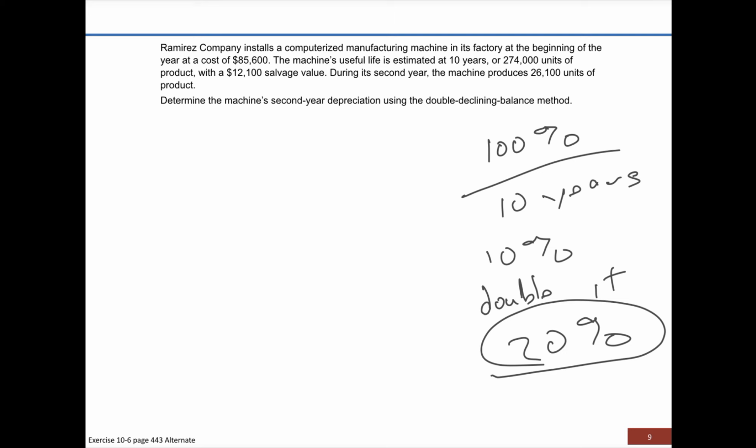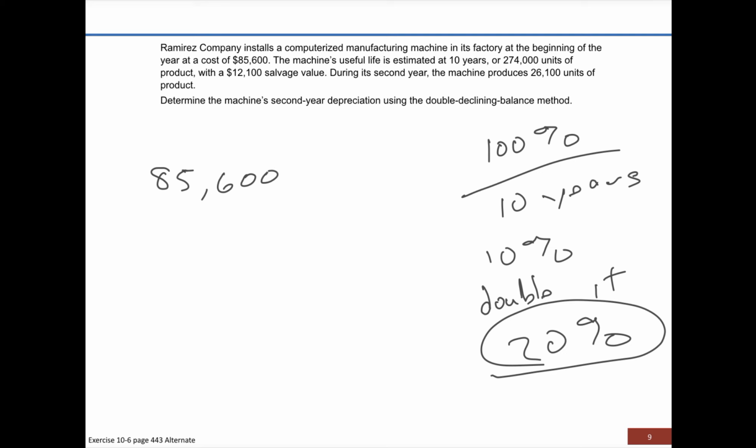So in the first year, I guess I should come up with what depreciable cost is so I can eventually get to that. But since we're not going to get past the second year in this question, I won't do that. We'll just look at the initial cost, $85,600, which before you do any depreciation, the initial cost is the book value.